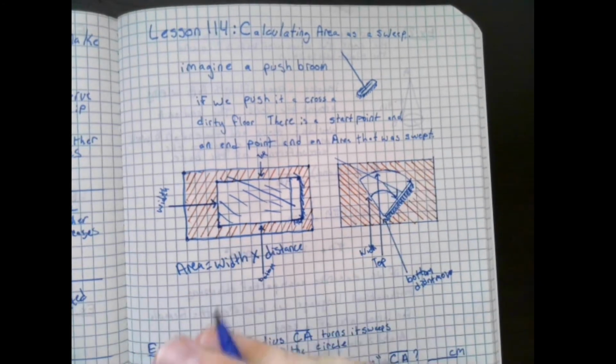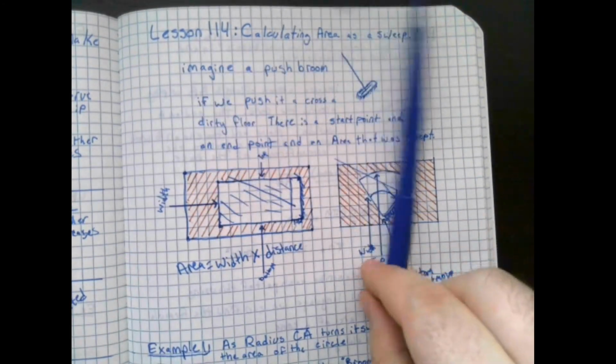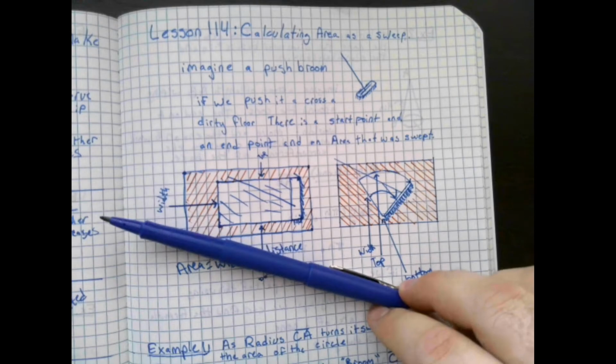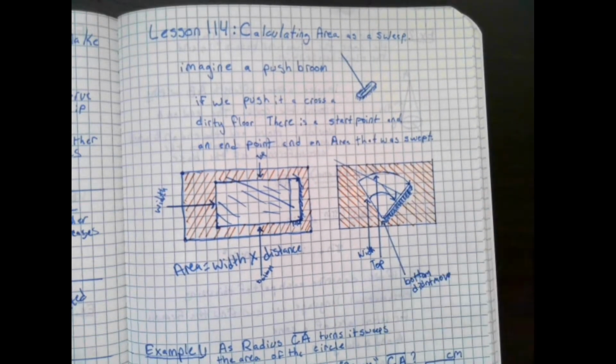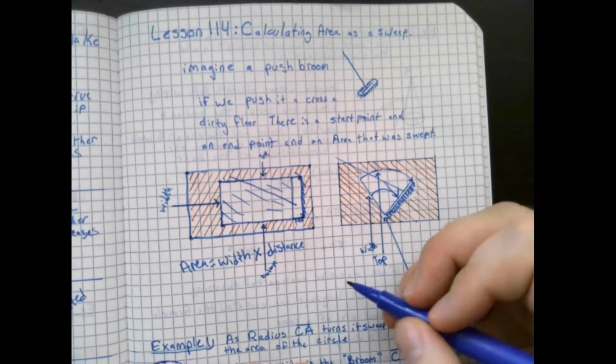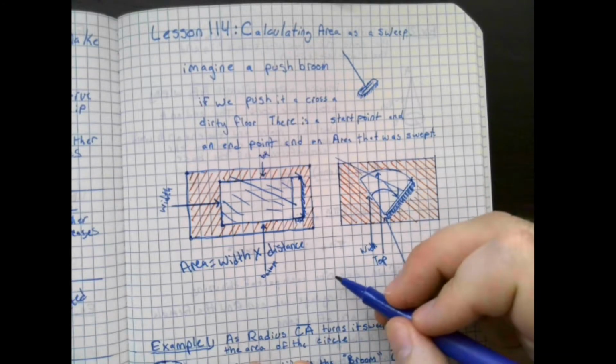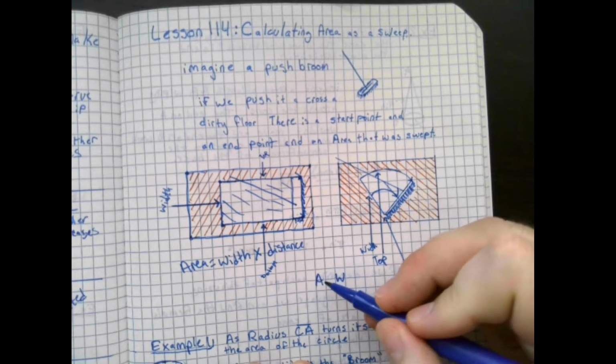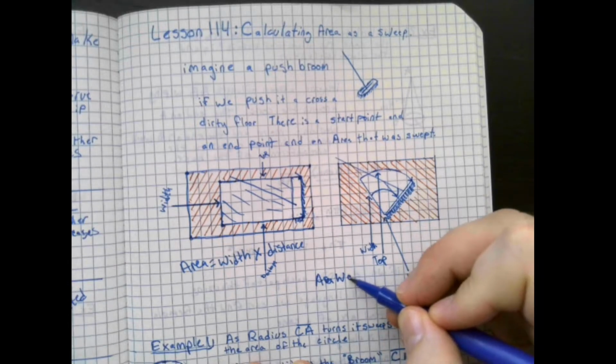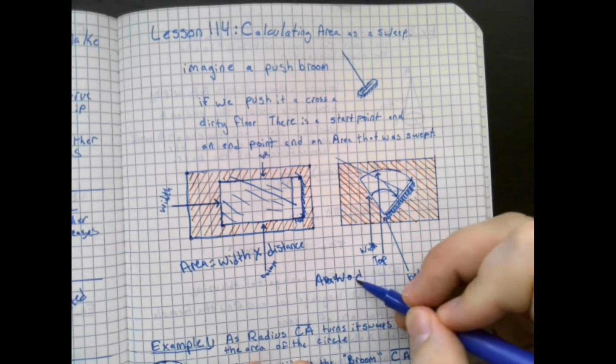We kind of had a curved situation like this, where one place stayed at the same place, the other one moved. Now, in order to find this area, we'd still want to have the width times the distance.